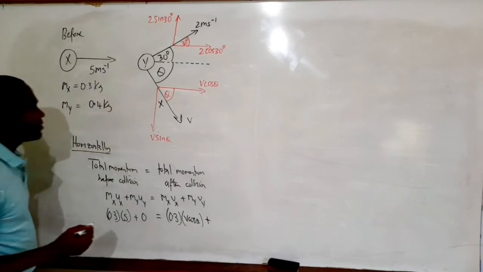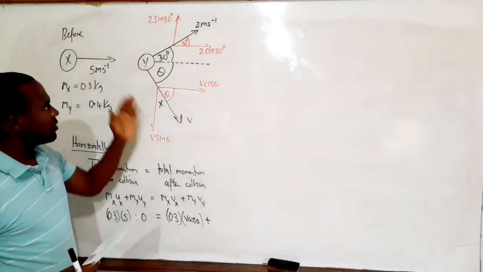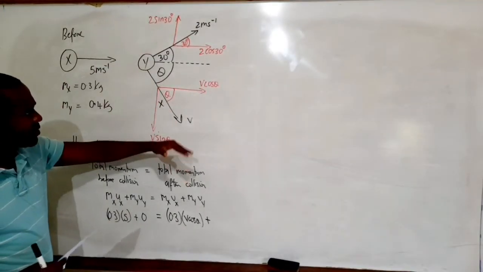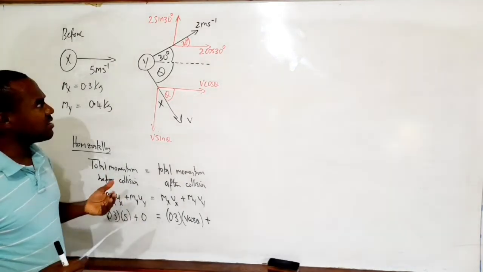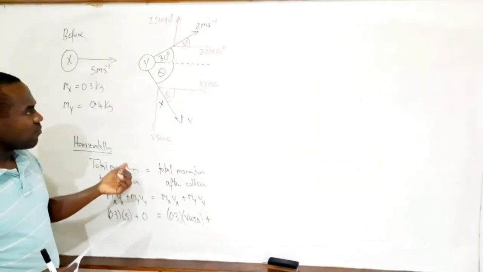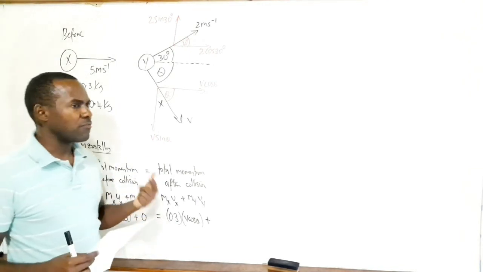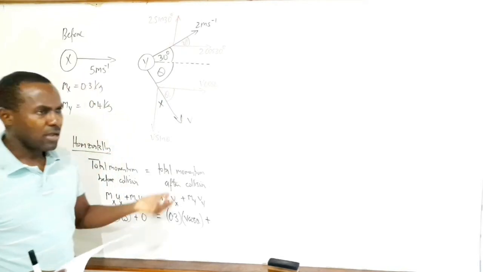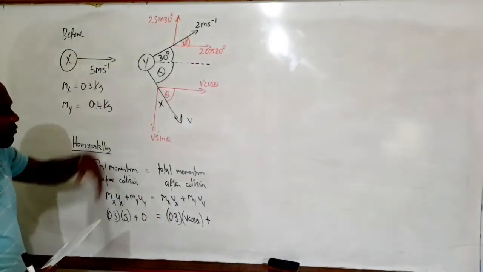And plus, now if you notice, after the collision, as I said before, y moves off in that direction, x moves off in this direction. We resolve their velocities into their respective components, and you can see that the horizontal component of x's velocity and the horizontal component of y's velocity both go in the same direction, and therefore we just treat them as being positive, since they're also moving in the initial direction of x, right?